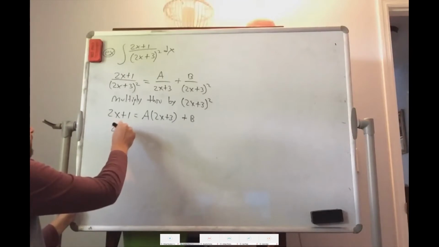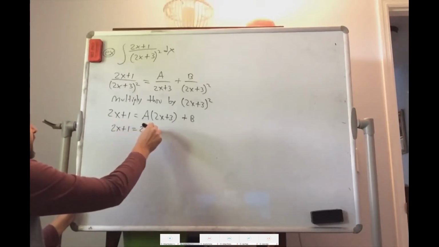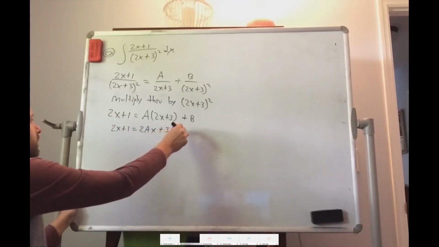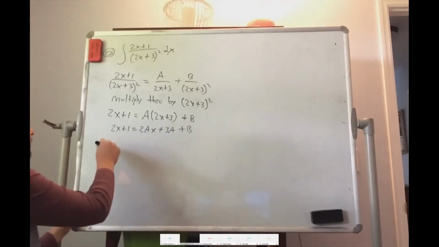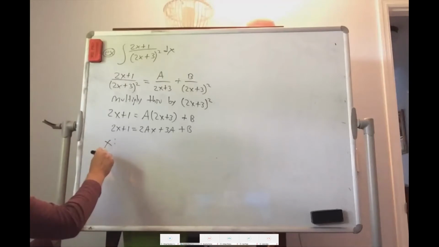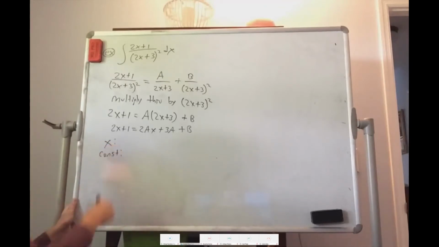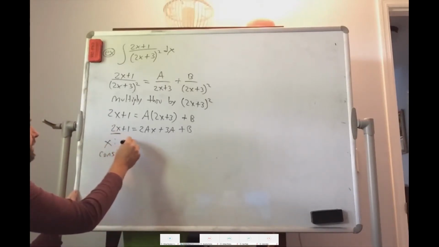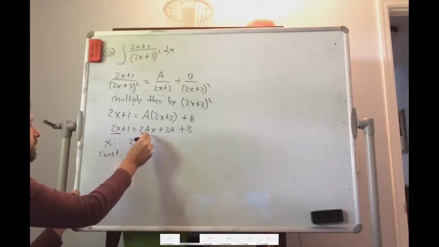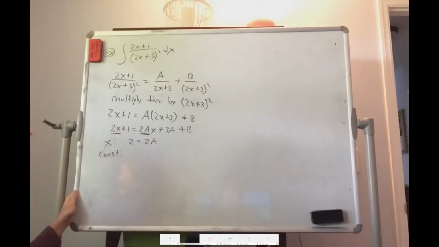So instead, let's multiply everything out and we'll match the x's and the constants together. So 2x + 1 is equal to 2Ax + 3A + B when I multiply. Then I'm going to look at the terms that have x's in them and the terms that have constants in them to get my system of two equations, two unknowns. How many x's are there? There's 2 on this side, and there's 2A on the right side.